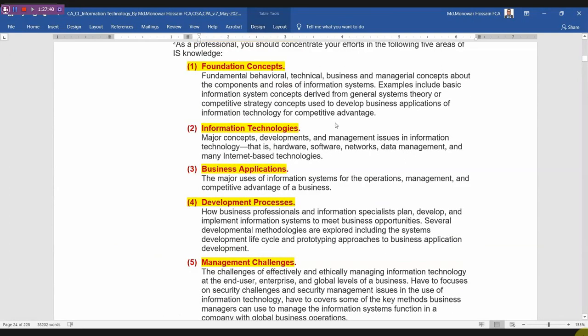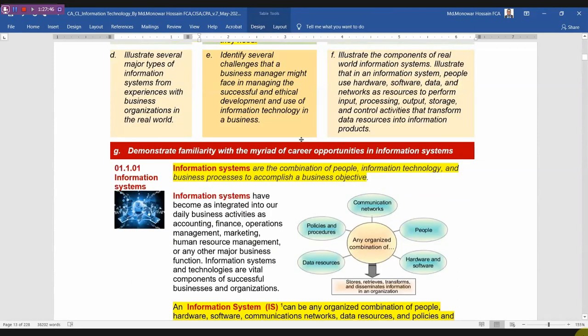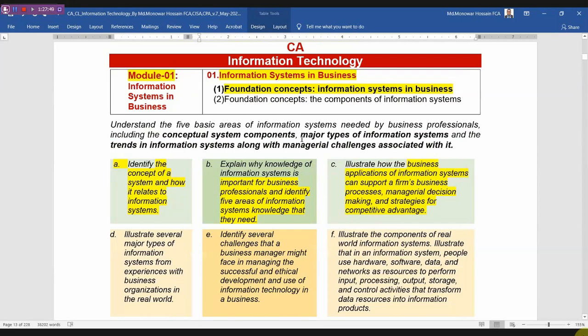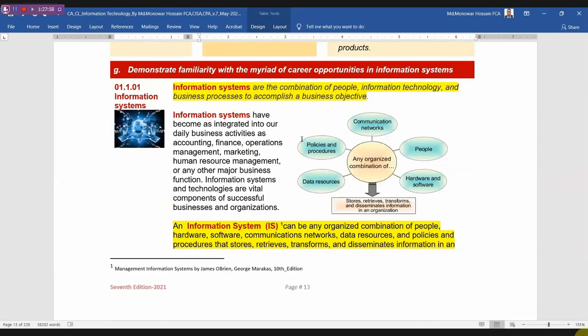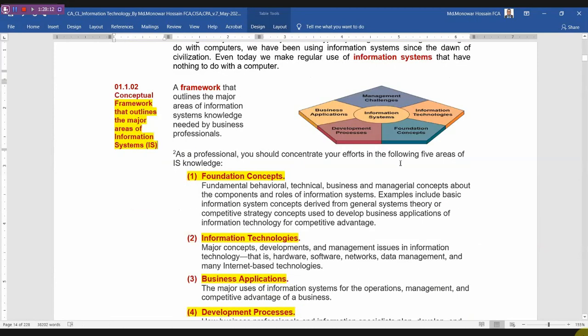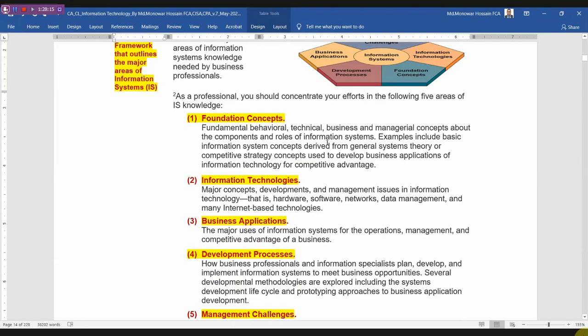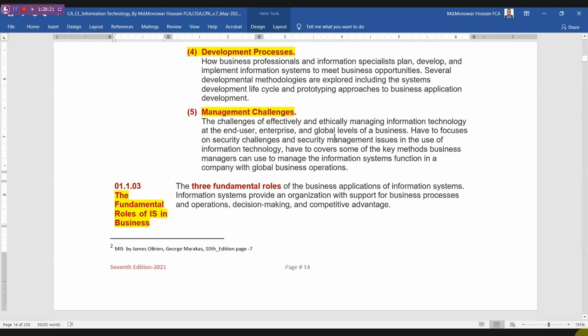Within chapter 1, topic 1, fundamental concepts of information systems in business, we discussed what an information system is: a combination of people, information technology, and business processes to accomplish a business objective. We also saw the conceptual framework of the information system, which has 5 areas: fundamental concepts, information technologies, business applications, development processes, and management challenges.